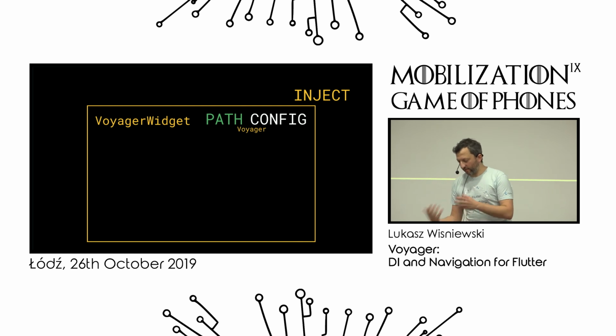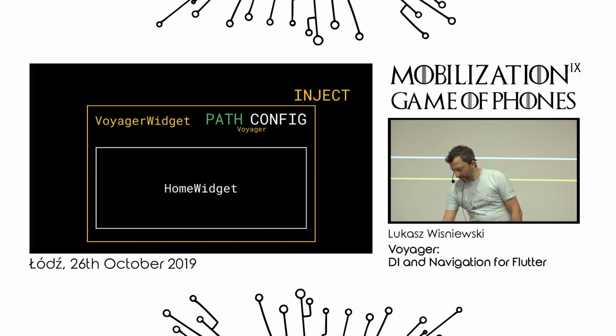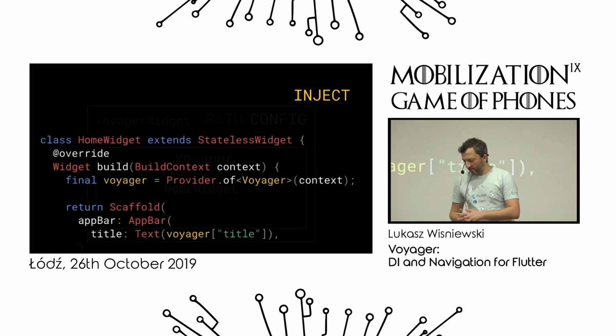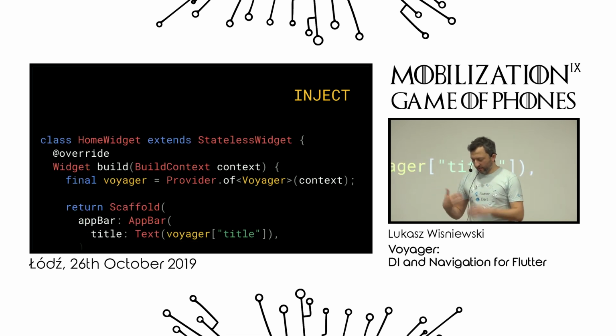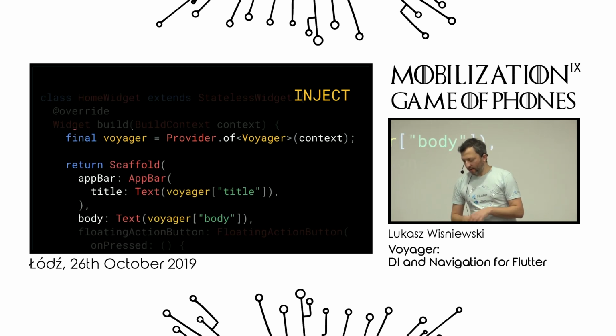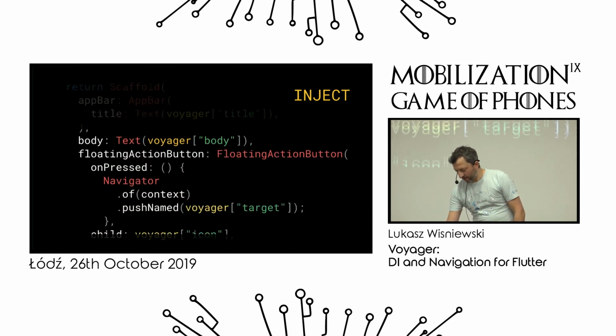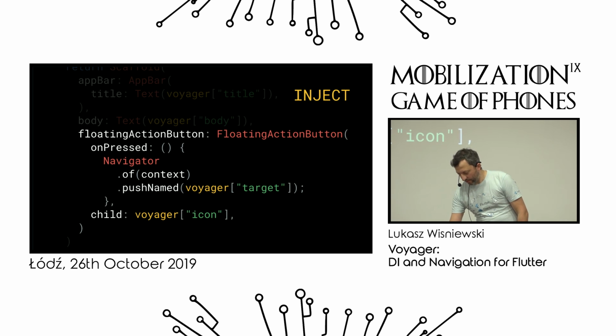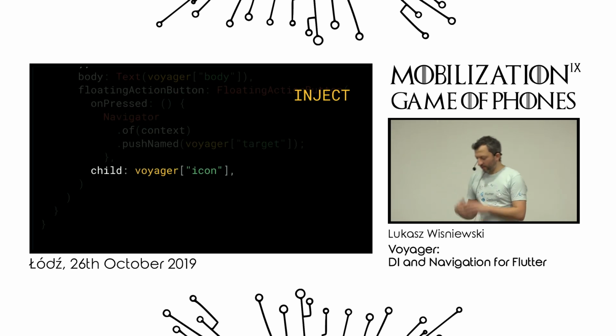That config creates an instance of Voyager, and this instance is also exposed to the home widget via provider. This is how you'd write your normal UI code: you can access the Voyager instance and then populate all the UI elements with Voyager elements. And here the icon will already be an icon instance.